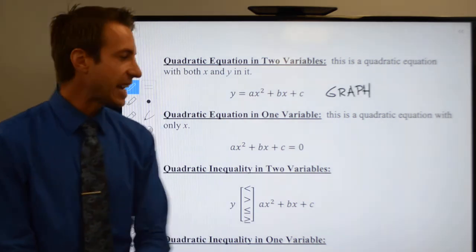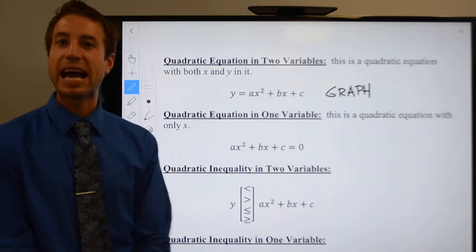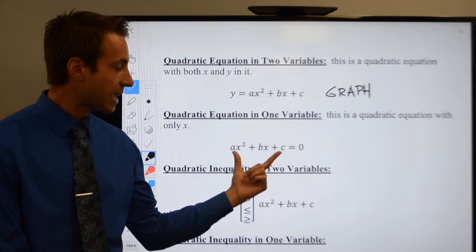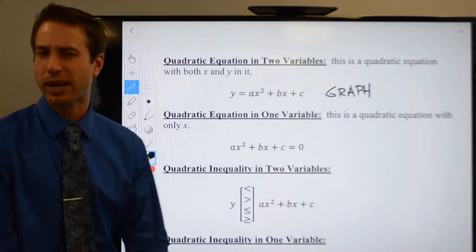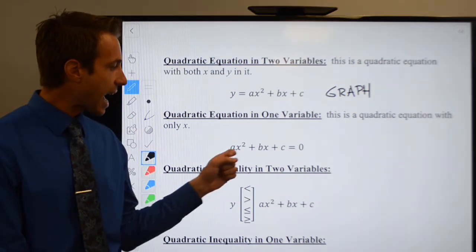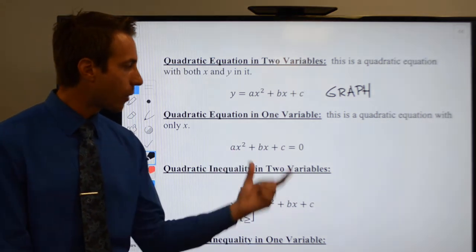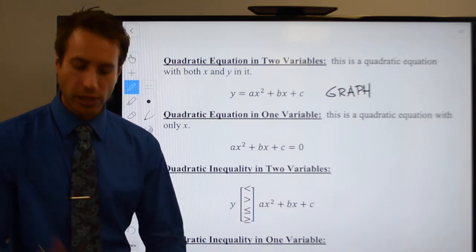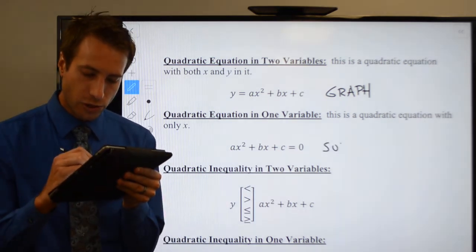Anytime they give you a quadratic that only has one variable in it, it's going to be set equal to 0, because 0 is not a variable, it's a constant. That means x is my only variable. Whenever you're given a quadratic set equal to 0, they're always looking for you to solve.